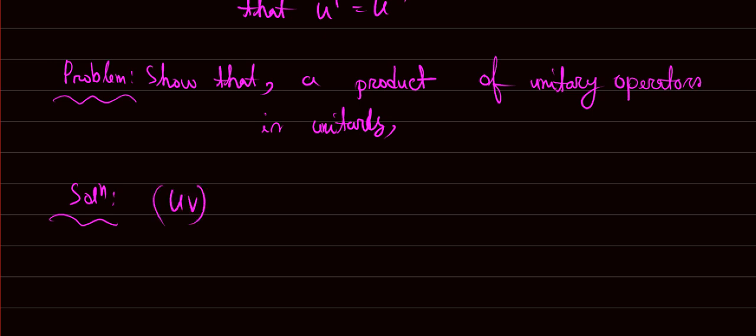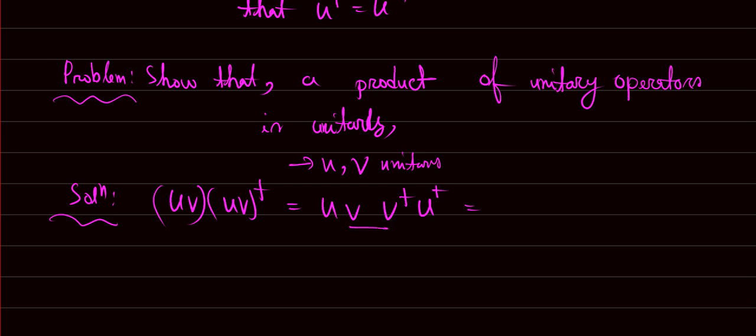So for proof, let's take this product. By the definition of product of operators, this is this. Let U and V be unitary. So if they are unitary, V into V adjoint gives I, and U into U adjoint also will give I. So obviously if they give us I, this is unitary.